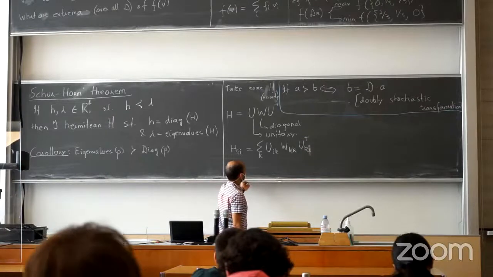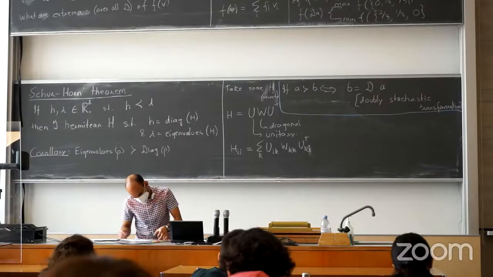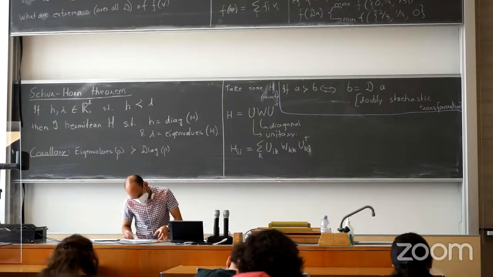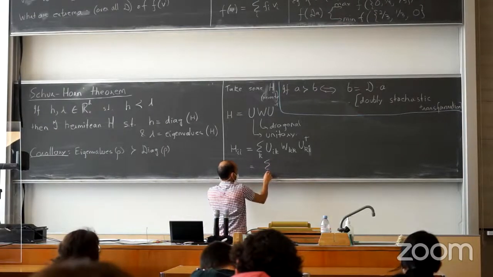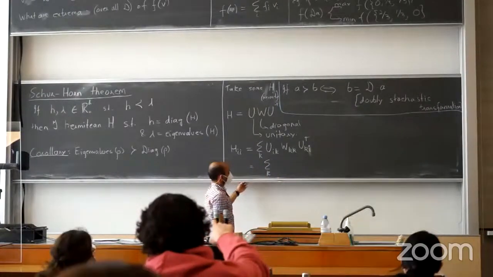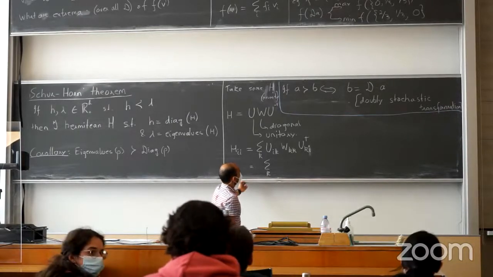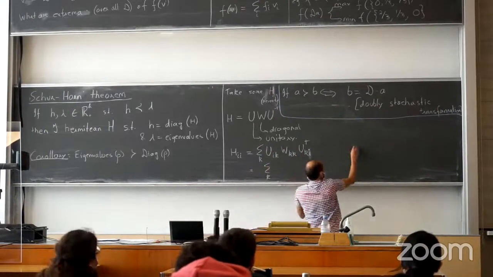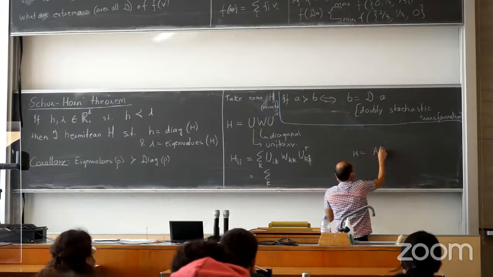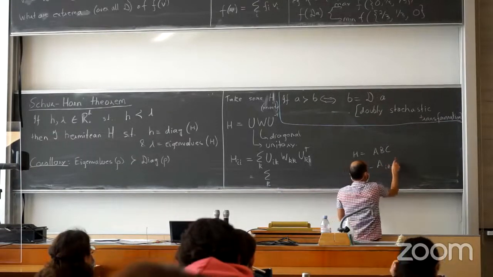So this is equal to the sum of... This is because it's U W U dagger, and the elements, so say H is equal to A B C, then H_ii is A_ik B_kk C_ki.